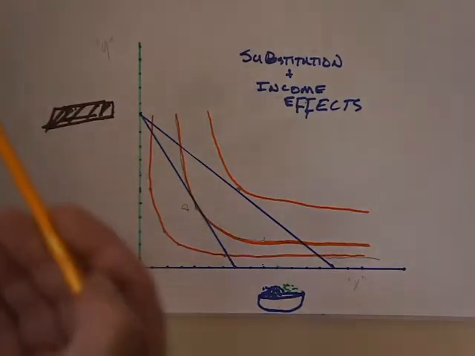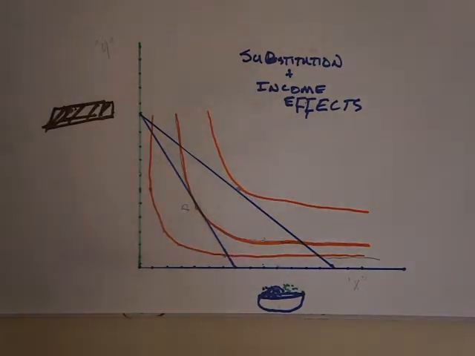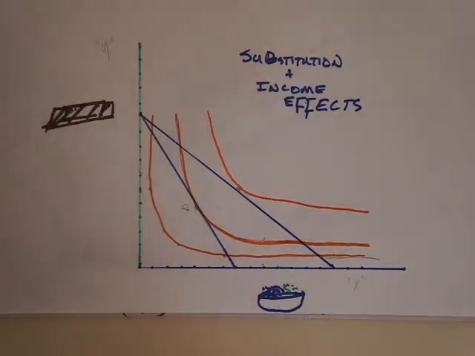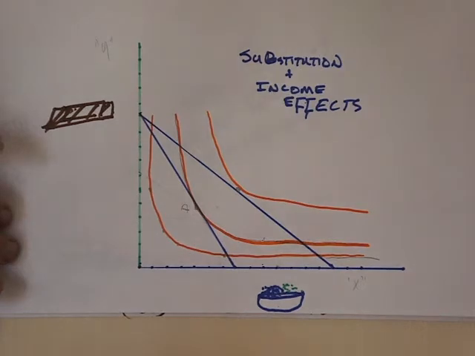Okay, now when the price of something drops, let's say that it could be just a drop in taxes on, say, healthy fruit. Could be the inauguration of a new school lunch program that focuses on fruit consumption. Could be anything.